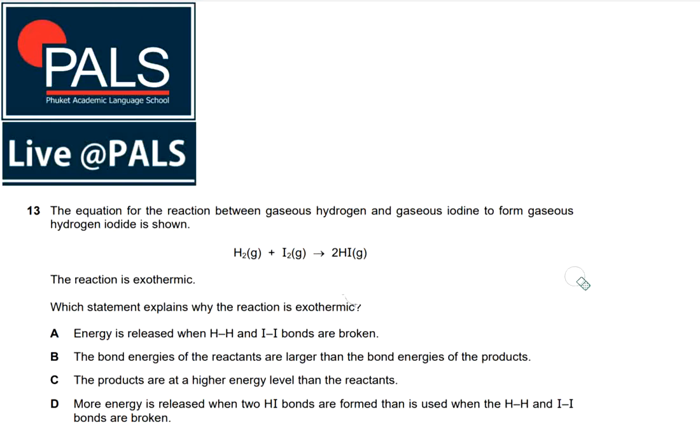When we're talking about a reaction that is exothermic, more energy is released when bonds are formed than is used when the bonds of the different elements or compounds are broken. So the correct answer for this one is letter B.